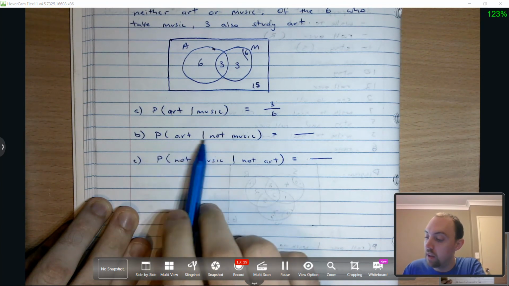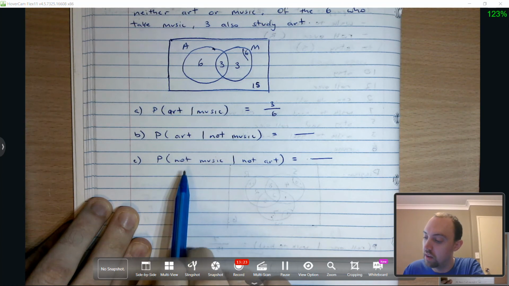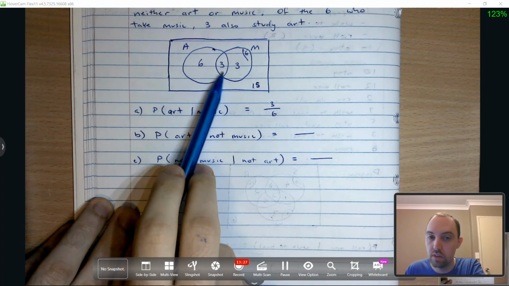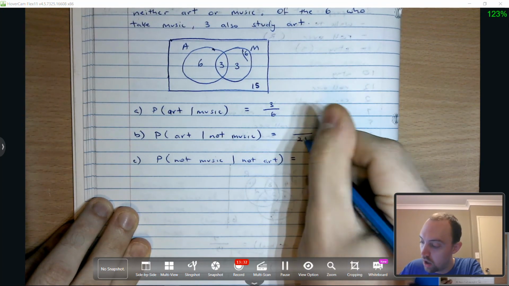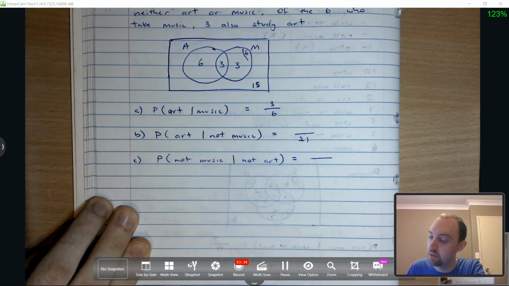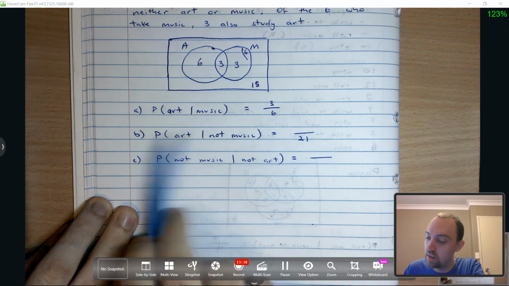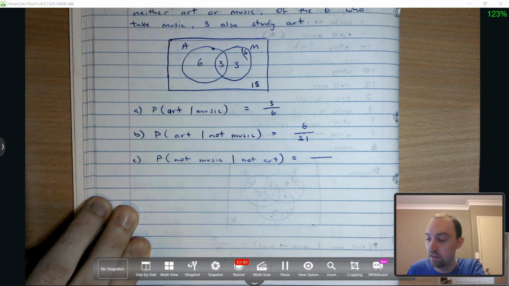What's the probability that they take art given that they do not take music? Okay, so how many people are outside of the music circle? There are 21 in total, 6 plus 15. How many of those 21 take art? Well, that's 6. It's this part.